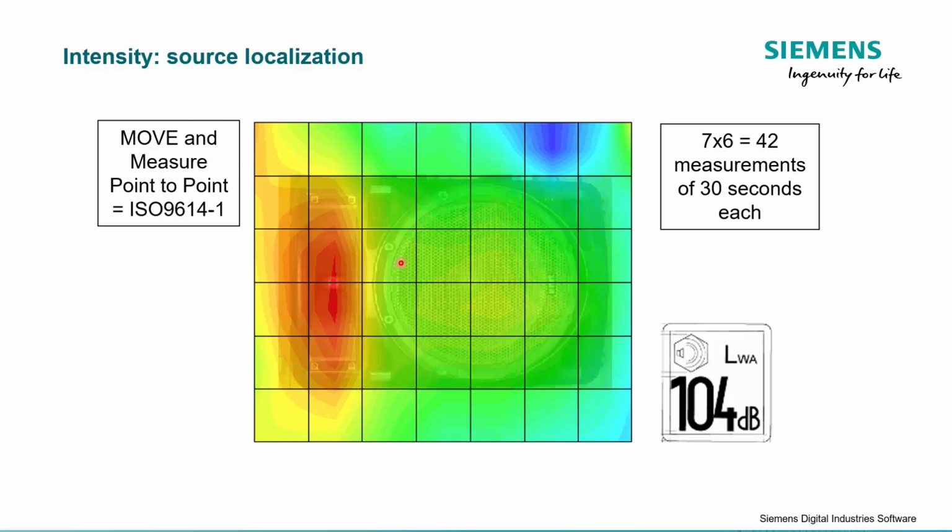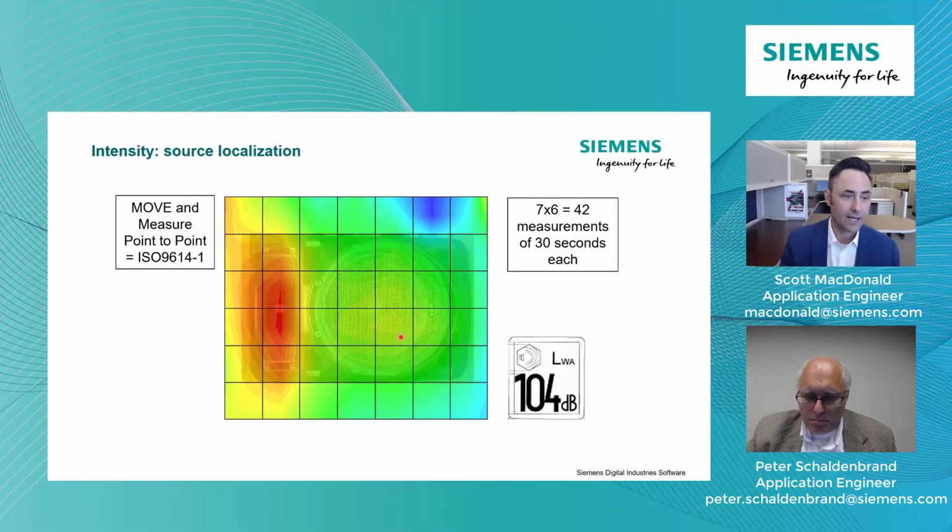I can see, obviously, for the frequency content coming out of this speaker, most of it's coming out of this tweeter region, so it's higher frequency, much less out of this sort of woofer area. So I can say where the sound came out, not just how much, 104 dB of sound power, but now I can also specify where. That's the advantage of 9614-1, the point-by-point method. And this is what we would call sound source localization. I know which part of my speaker is generating the noise.